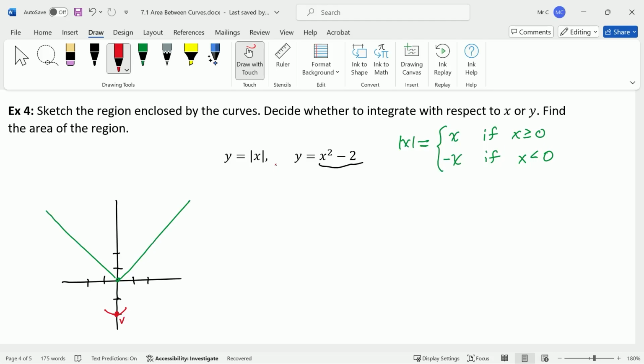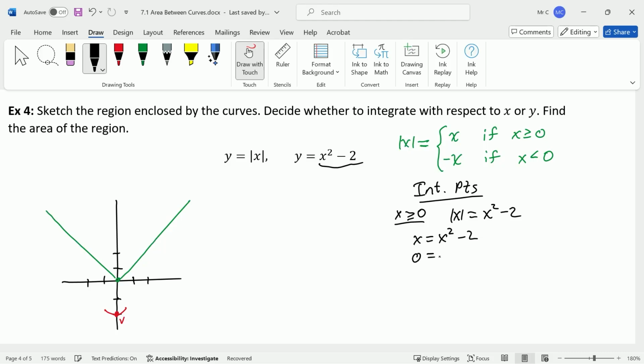But now we want to find our intersection points. And it's tricky because we have to separate this into two cases. When x is greater than or equal to 0, so that we can use this top part of the piecewise definition of the function, the absolute value of x equals x squared minus 2, that's the same thing as just saying x equals x squared minus 2.